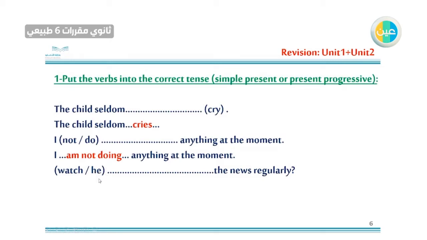Yes, do and does. But with he, we will choose does. Excellent. Does he watch? Let's check. Excellent. Does he watch the news regularly? And notice it's watch. Does he watch? Not does he watches, because we have does already.